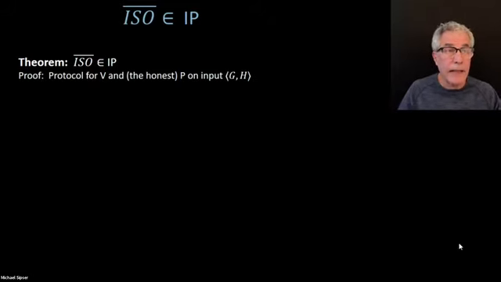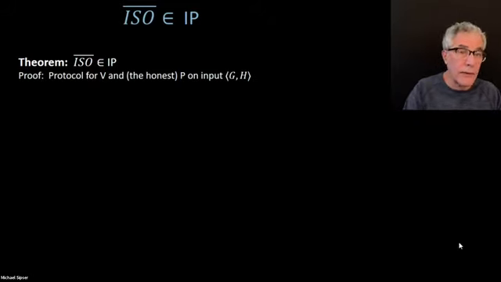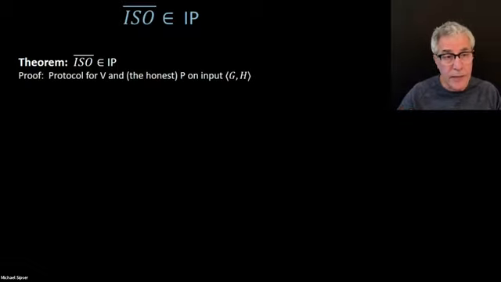So I'm going to revisit that previous example about non-isomorphism, but now in the context of thinking about it as a language. We're going to take the non-isomorphism problem and show that it's in IP.